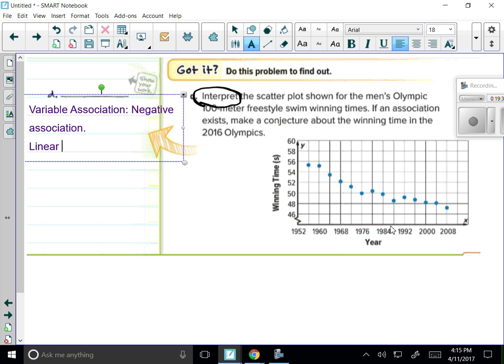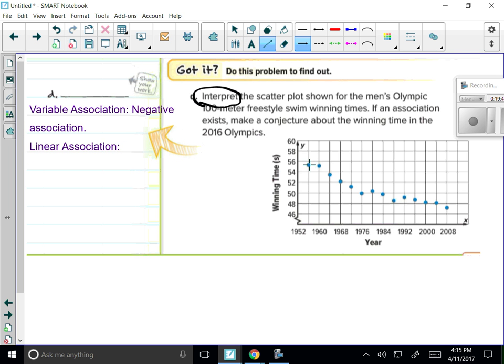Now the next one is going to be the linear association, which means, hey, does this look like it's going to be on a straight line or not? And if you want to hold your pencil down from the first point and just draw on, although these seem like they're very off, they are very close to this line whenever you look at it as the big picture.